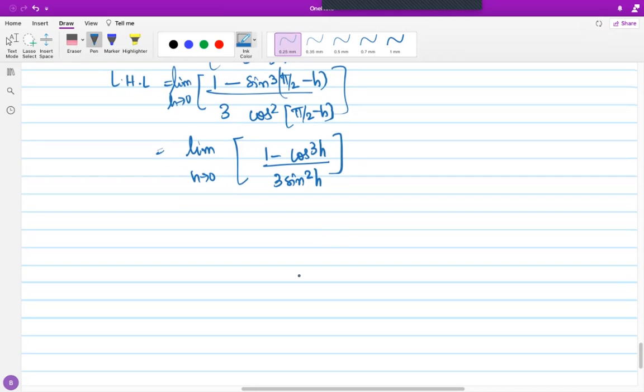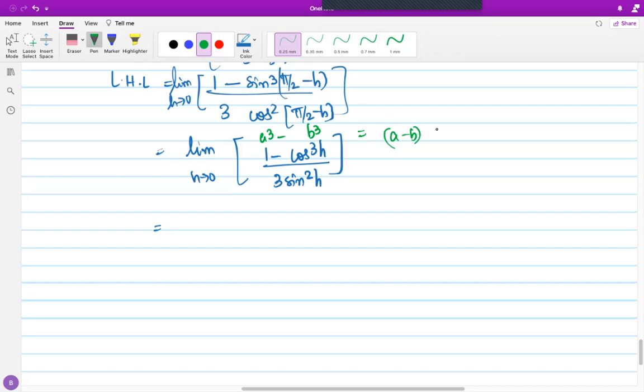The a cube minus b cube formula, I can utilize it on the numerator. That is a cube minus b cube equal to (a minus b) into (a square plus b square plus ab).